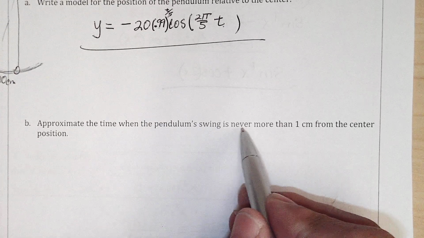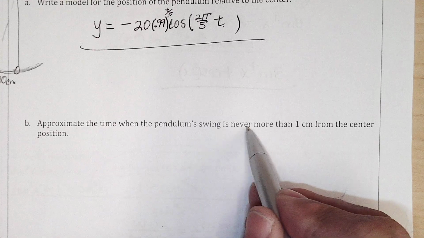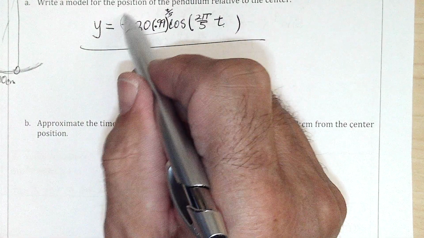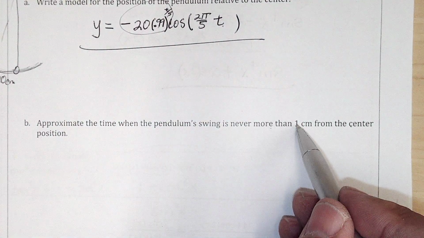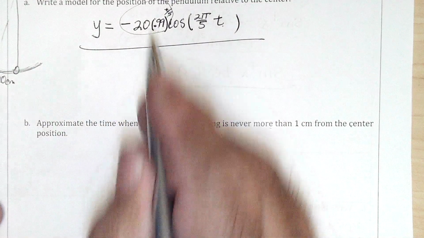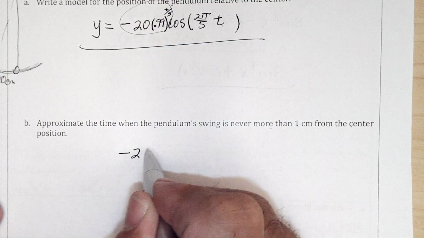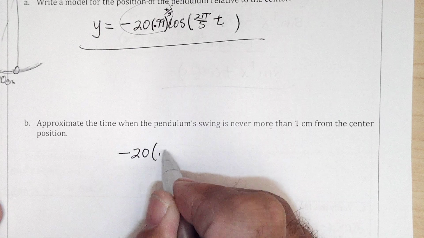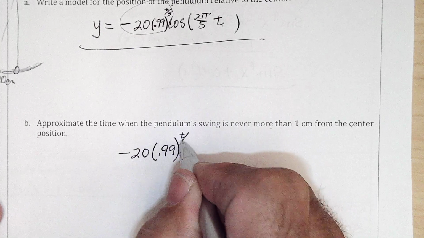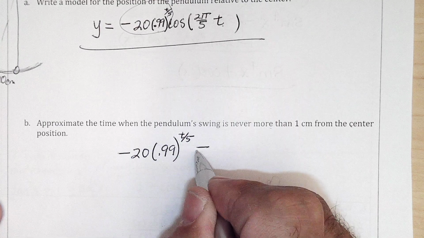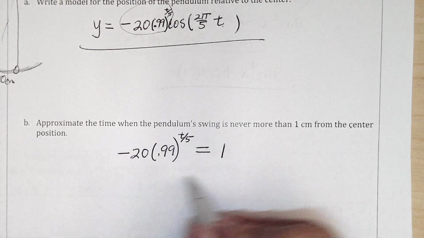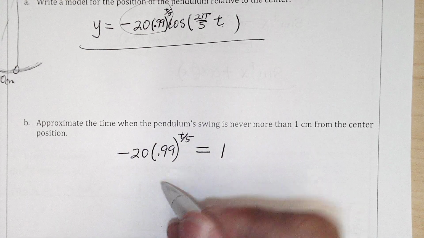What time will the pendulum swing never more than 1 centimeter from the center? Well, that means when is the amplitude 1 or less? And this is the amplitude, so negative 20 times 0.99 to the t over 5 equals 1. So I divide by negative 20 or 20, doesn't matter.